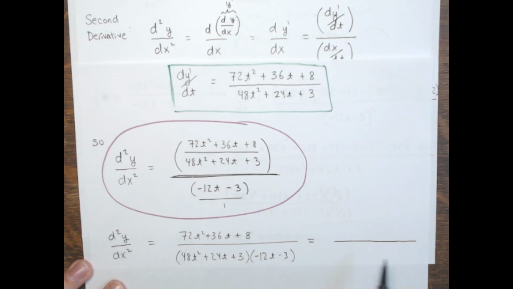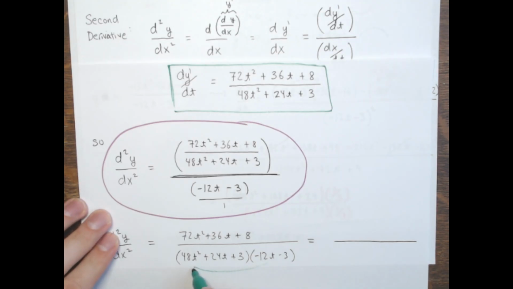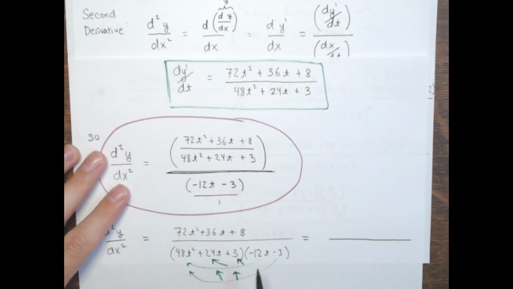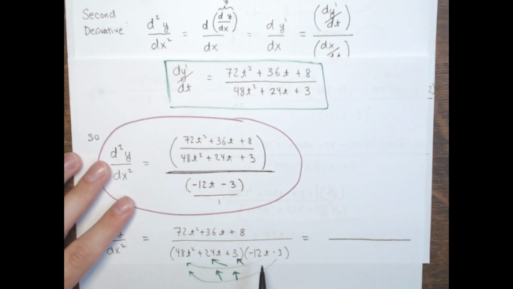And if you were to multiply these out, I'd distribute the negative 12t to these three terms and then distribute the negative 3 to these three terms, and then combine like terms. And I already did that off to the side. I don't want to bore you with any more algebra than is already in here.